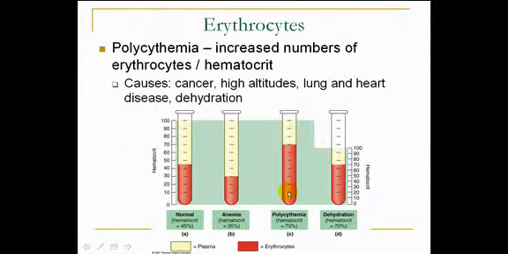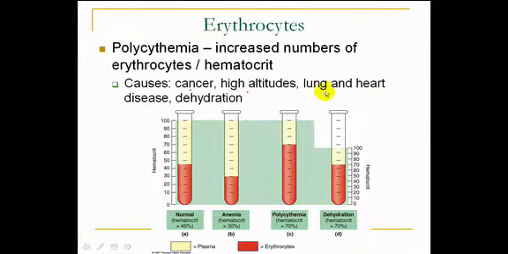Now polycythemia is where your hematocrit might be too high. 70% of your blood would be red blood cells, 30% would be fluid. So what could cause you to produce too many red blood cells? One could be bone marrow cancers, where your cell division has increased and you're producing too many red blood cells. High altitudes, because we talked about the drop in oxygen, can stimulate an increase in your hematocrit.